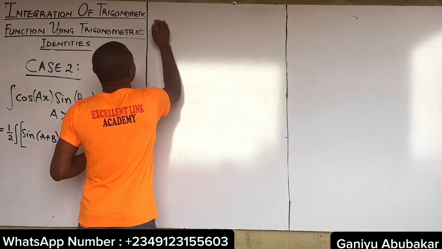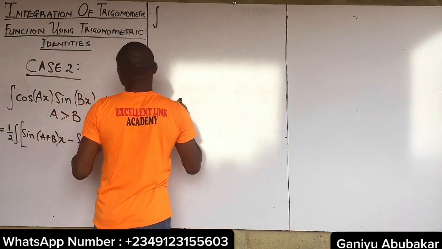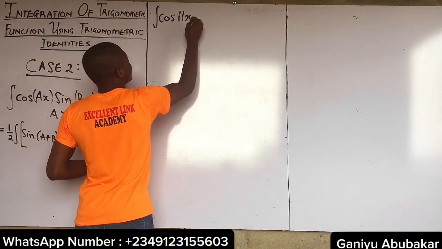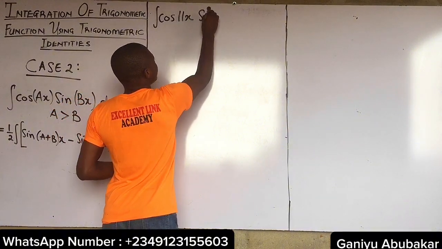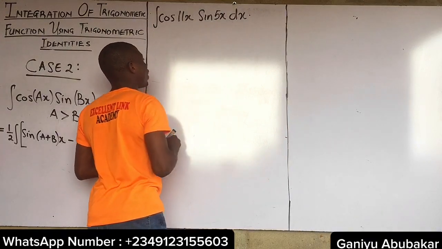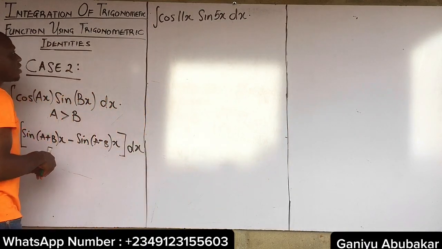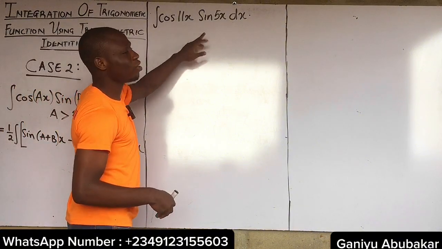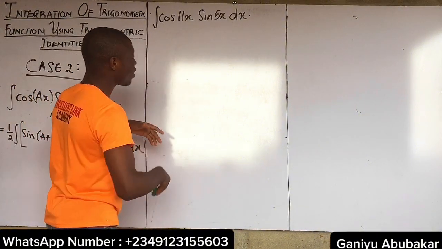Let's take a problem to further explain this concept. If I'm told to integrate cos 11x sine 5x dx, how do I solve this? Observe that in this case I can't start saying let u be cos 11x and all of that. No. What's the concept here?